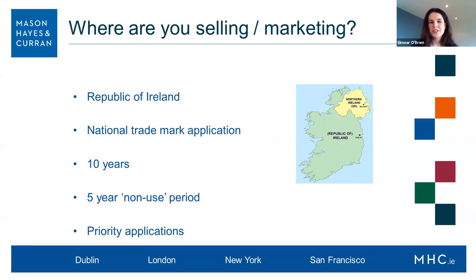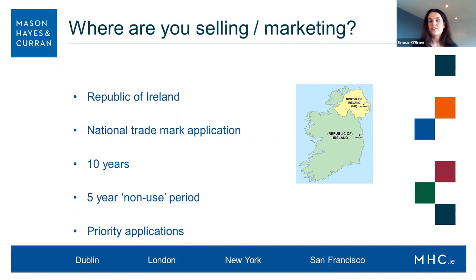I wanted to also mention here priority applications, because this is something that we get a lot of questions on. And it's quite a confusing name because a priority application isn't actually an express application or a fast-tracked application, as the name might suggest. Because of course, the length of time that it takes for your application to be examined and to reach registration is actually irrelevant for the purposes of when your protection will start from.